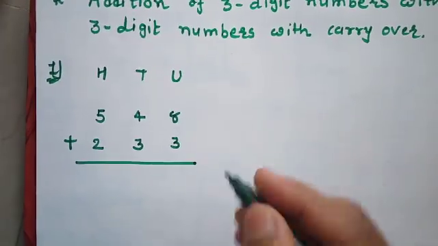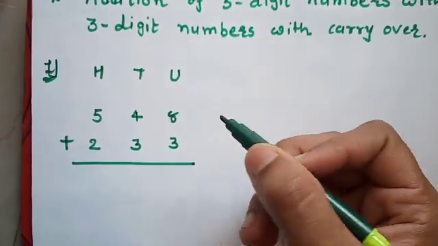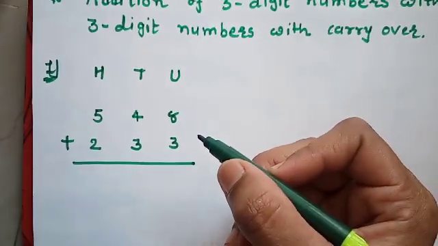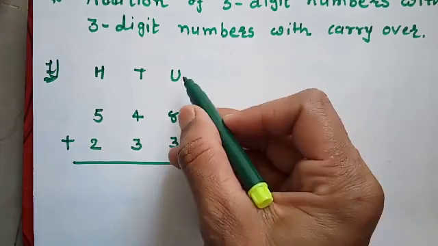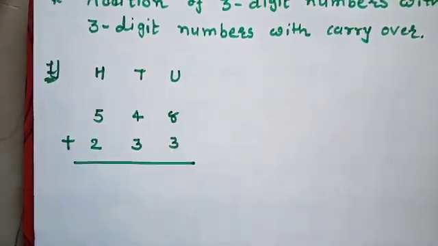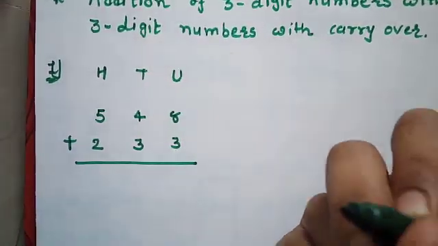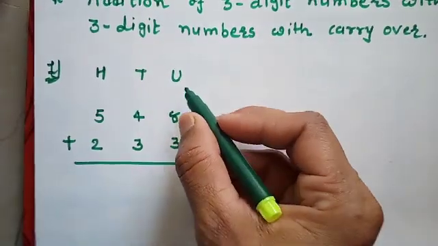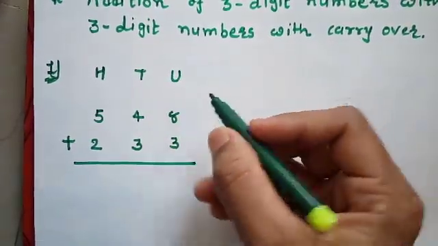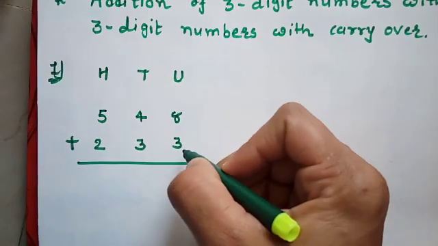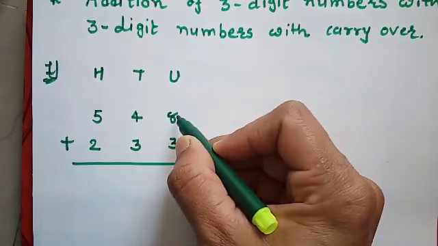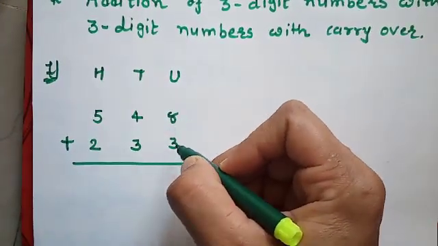Right? Now, as I told you earlier also, in a sum of addition, always start the sum from the unit place, from the right side. Right? Always start the sum from the unit place. Now in the unit place, which numbers are there? 8 and 3. Right?